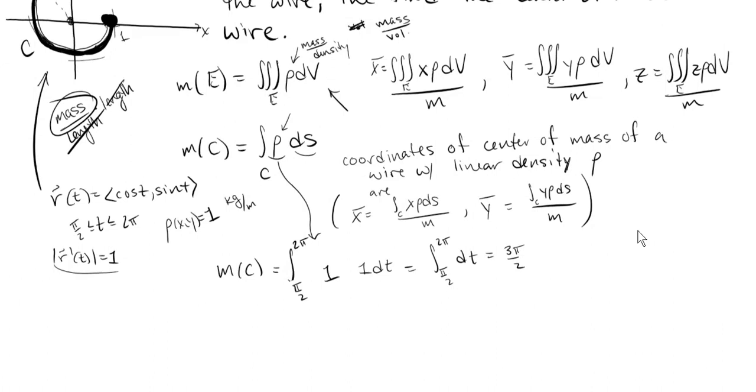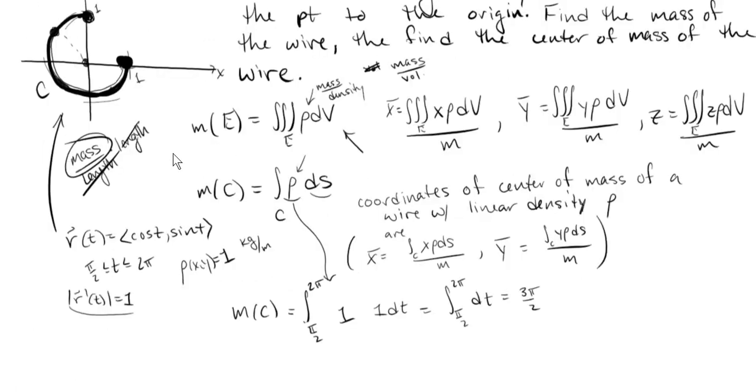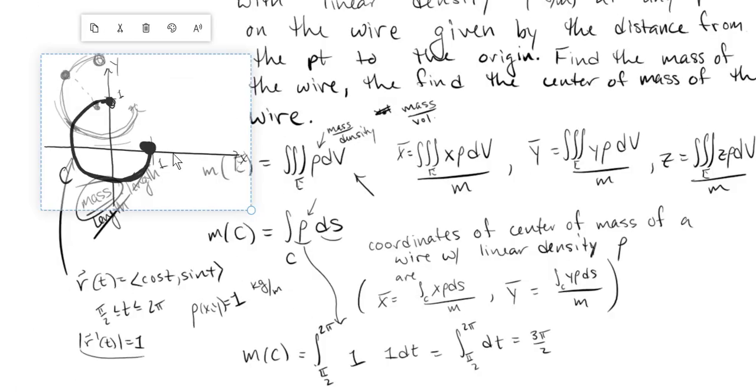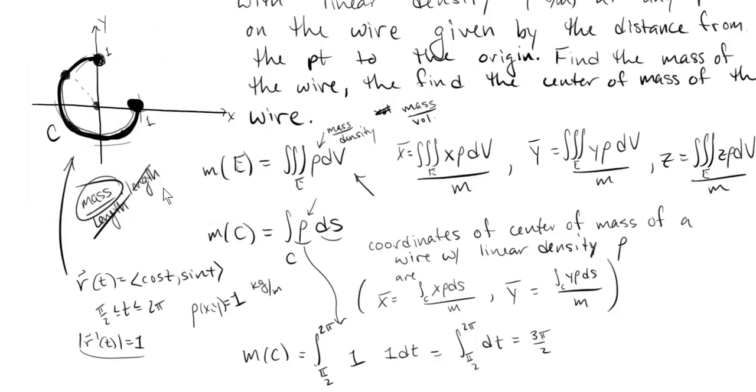So let's see if we can run through the center of mass problem for the same wire. What position is the average of all the mass at? Or what is the average of all the positions weighted by the mass, I would say. So let's think about this. There's some nice symmetry of this wire across the y equals x line.